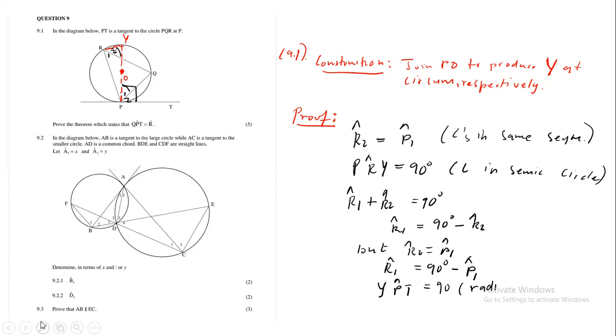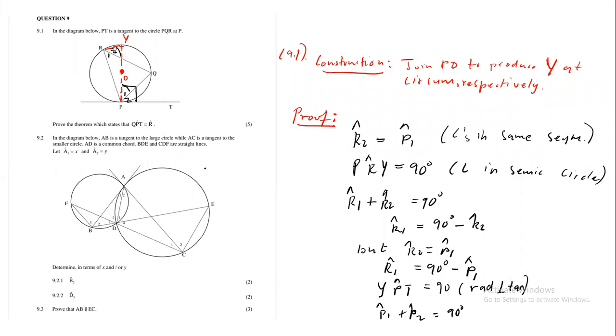I don't know if you know the axioms from the basics, okay? So YPT is equal to 90 degrees, radius perpendicular to tangent. This is axiom 7. And therefore, YPT is equal to angle P1 plus angle P2. Therefore, this angle is equal to 90 degrees most definitely.